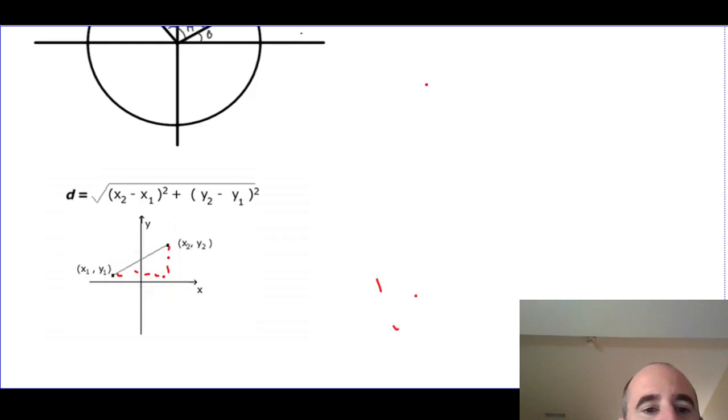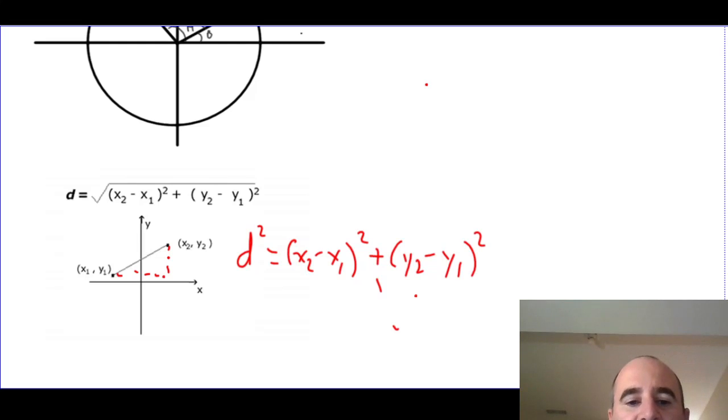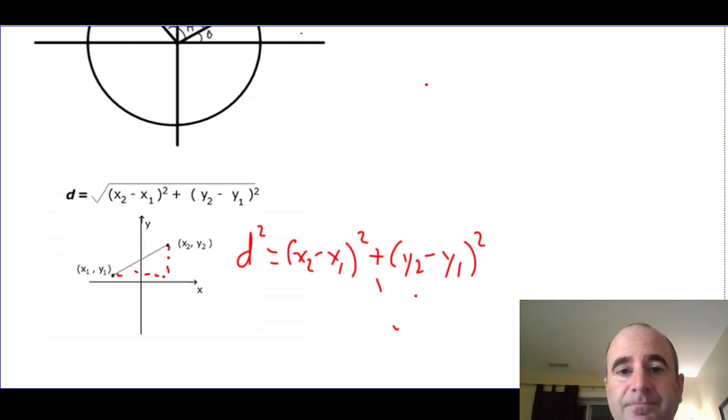And of course, the rise is y2 minus y1, and the run is x2 minus x1. So D squared would be equal to this squared plus this squared, or D is the square root of that. I'm actually going to write this formula as D squared is equal to (x2 minus x1) squared plus (y2 minus y1) squared, because in my example, that's what I'm going to use.